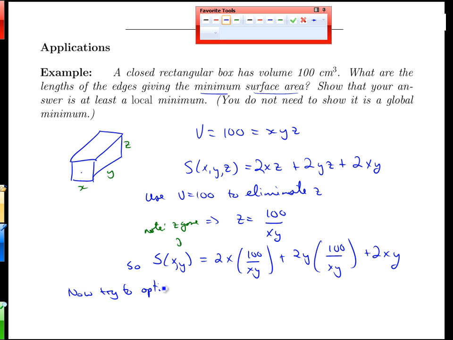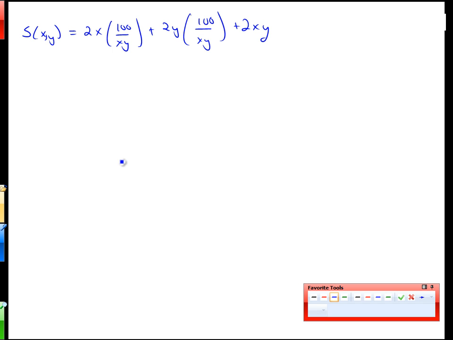We're going to try to optimize S of X, Y. We have our function, which is the surface area, and we're trying to minimize that.